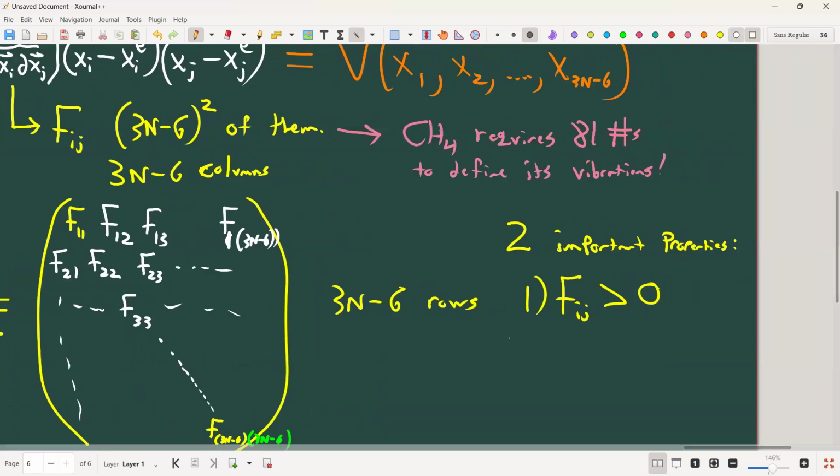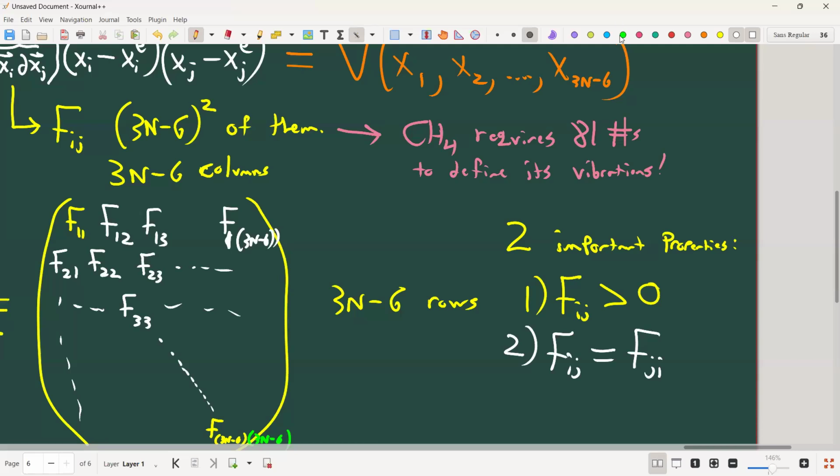Second derivatives are symmetric. So Fij is equal to Fji. Okay, so I don't actually have 81 numbers. Right? In some sense, everything above this diagonal is the same and mirrored on the other side.